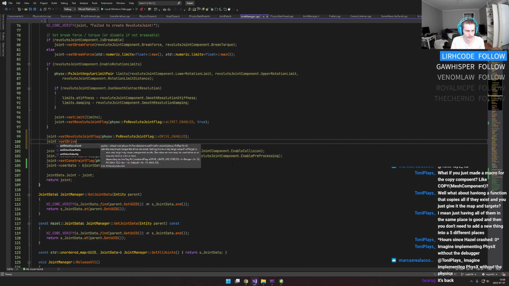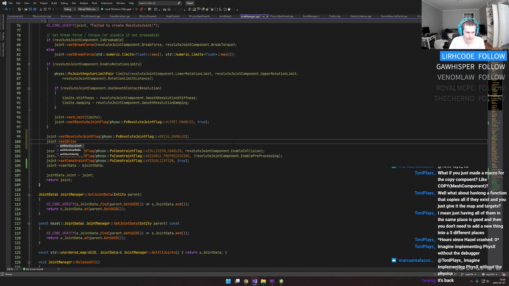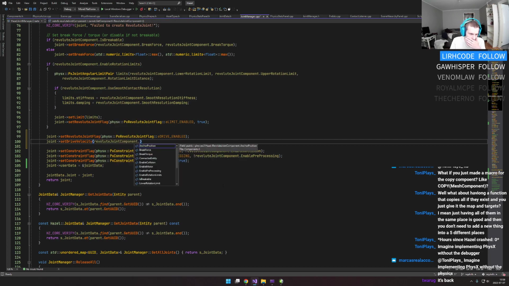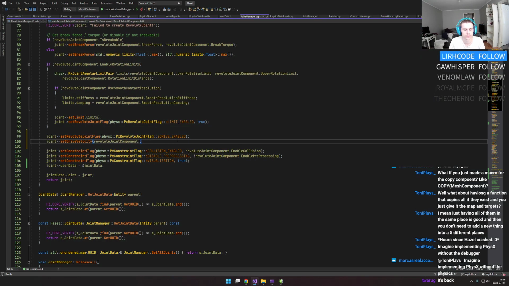Drive velocity. Oh, okay. Motor target velocity, which this will be set as sort of the initial one. I imagine this is something you can update through C# code to keep it spinning if you wanted to.